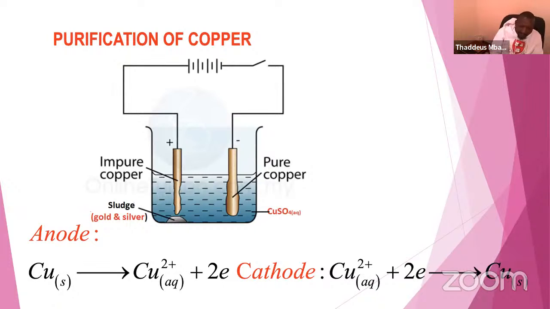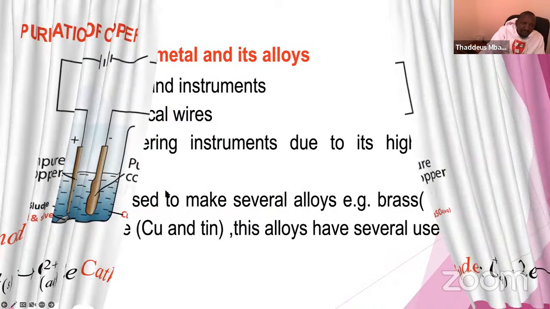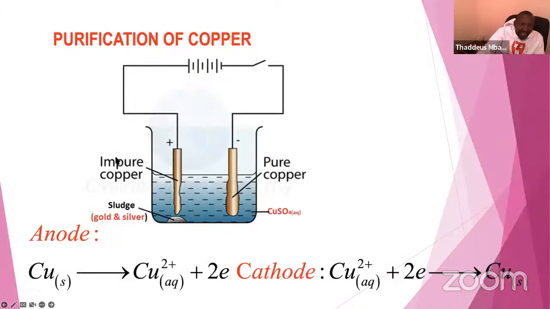So in the purification of copper, we are using copper sulfate as electrolyte, pure copper as the cathode, impure copper as the anode. Some of the impurities found in the blister copper are gold and silver, which get deposited here as the sludge.